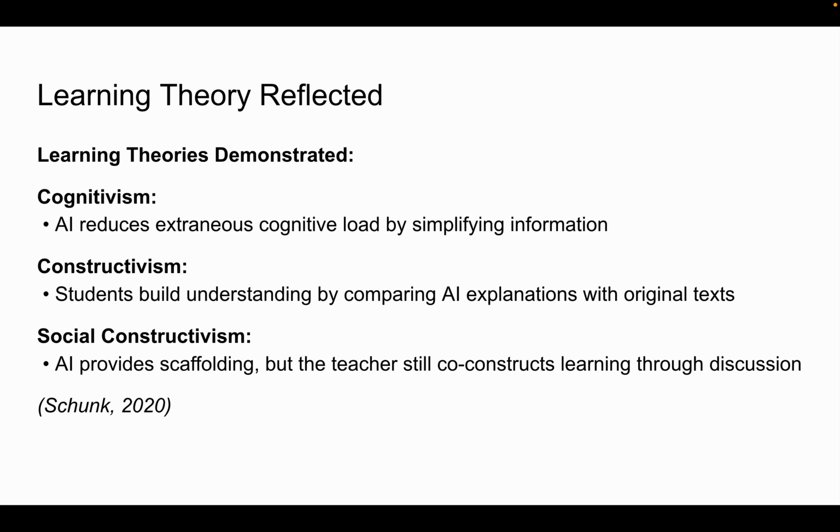Next, constructivism is present because students build their own understanding by comparing their original text and the AI-supported version. Finally, social constructivism shows up because AI doesn't replace the teacher, it just adds another layer of scaffolding that supports the learning relationship between students and the teacher.